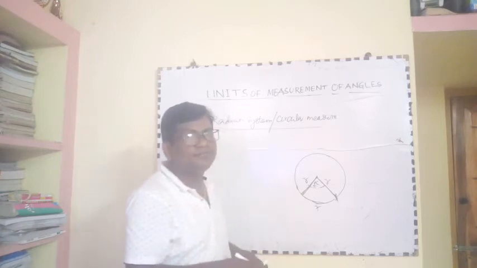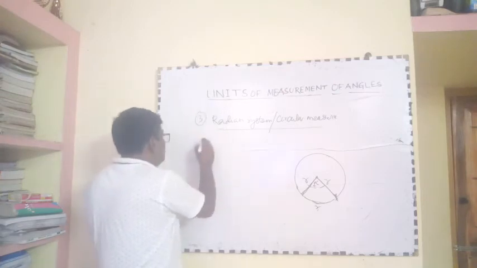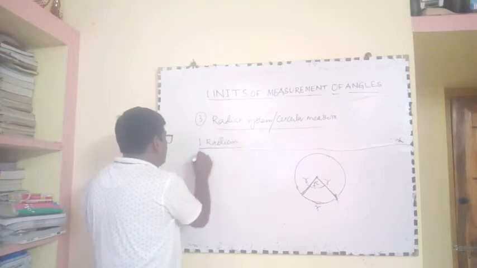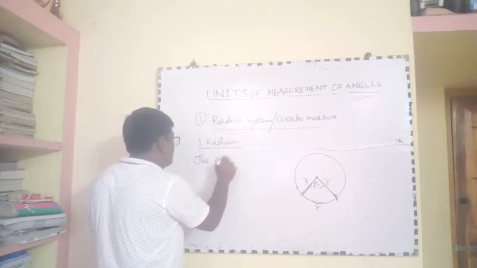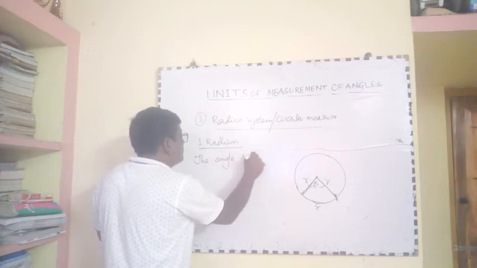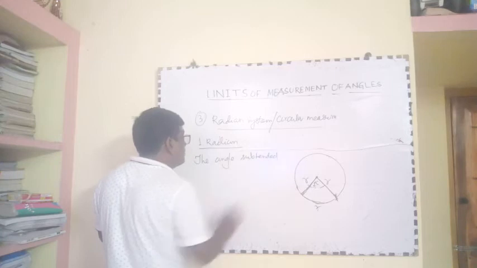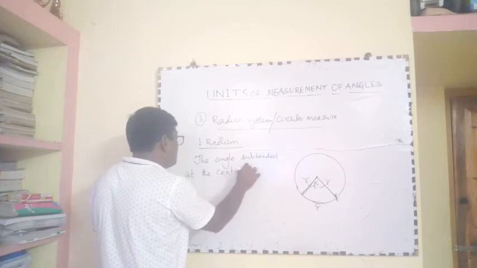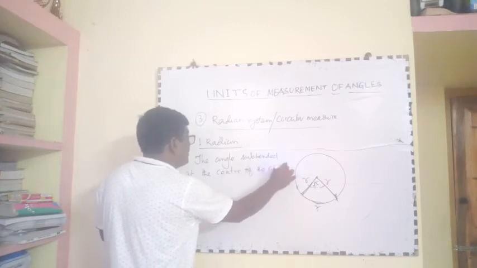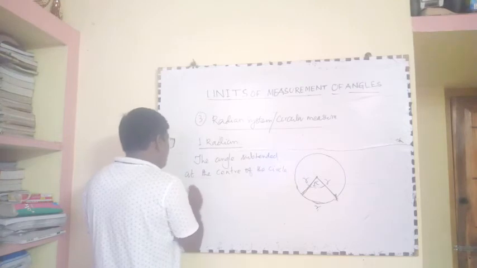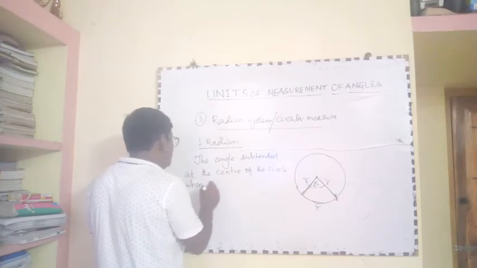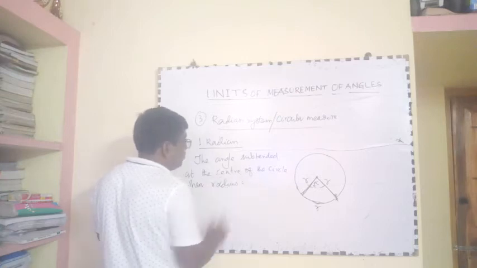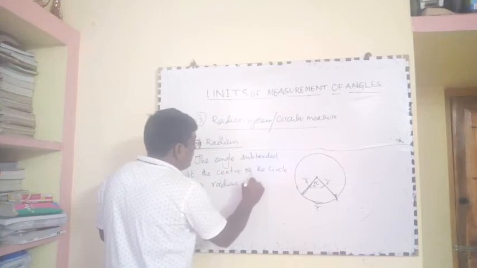What is 1 radian? Definition: the angle subtended at the center of the circle when the radius is equal to the length of the arc.